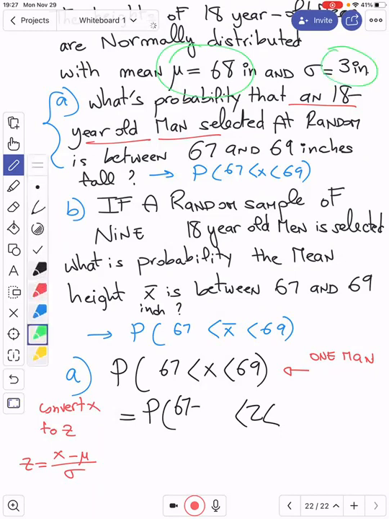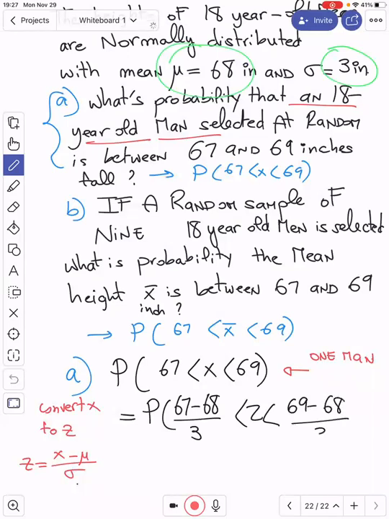So that's 67 minus 68 over 3, and on the other side, it's 69 minus 68 over 3.